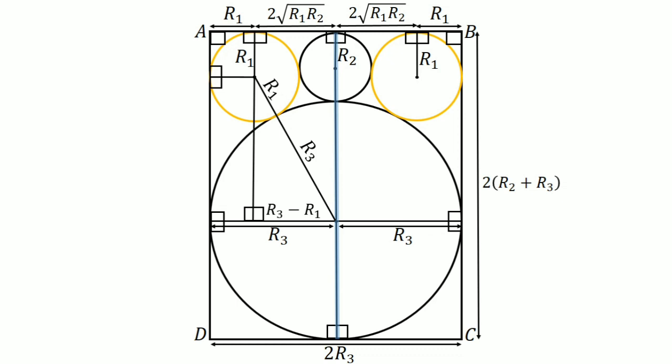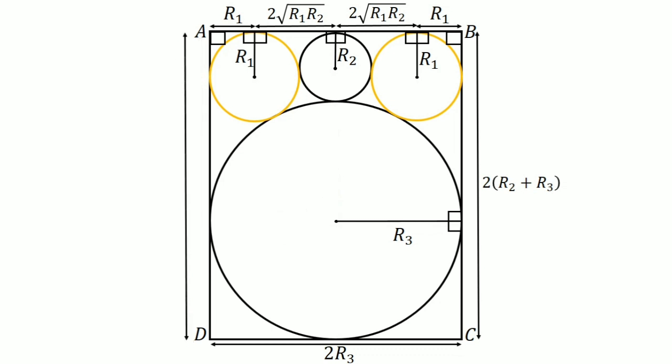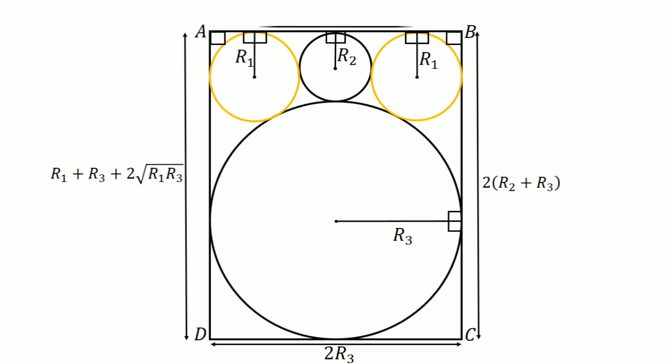And so by Pythagoras theorem, our altitude as well as this side is equal to 2 under root R1 times R3, and this side is equal to R1, and this side is equal to R3. So this complete side is R1 plus R3 plus 2 under root R1 times R3, and our topmost length is 2R1 plus 4 under root R1 times R2.